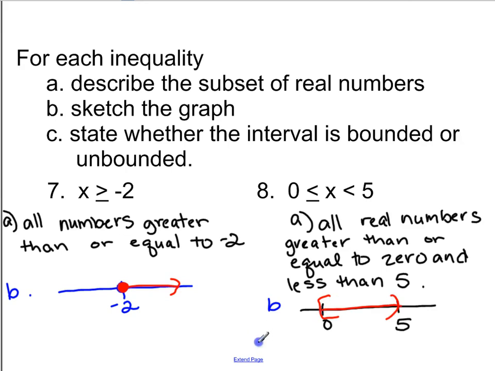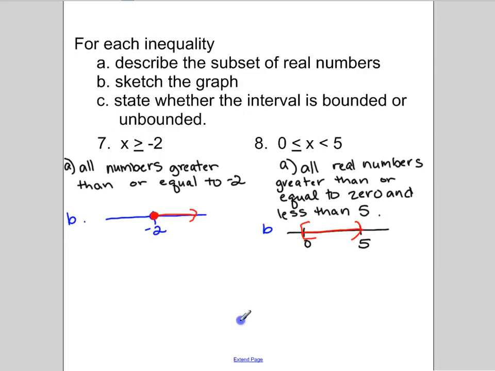So there's your graph for that one. And then for part C, state whether the interval is bounded or unbounded. This one is unbounded because it goes off to infinity. This one, number 8, is bounded because it stops on both sides.